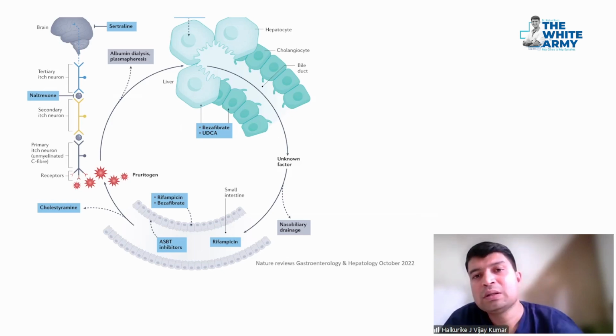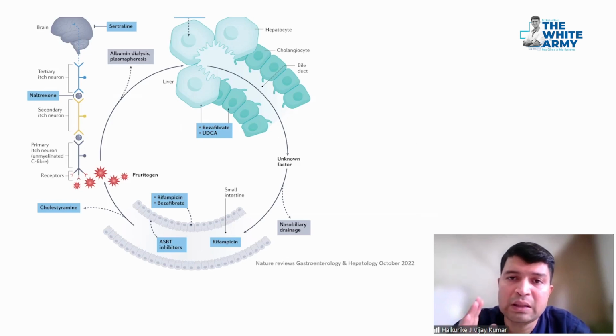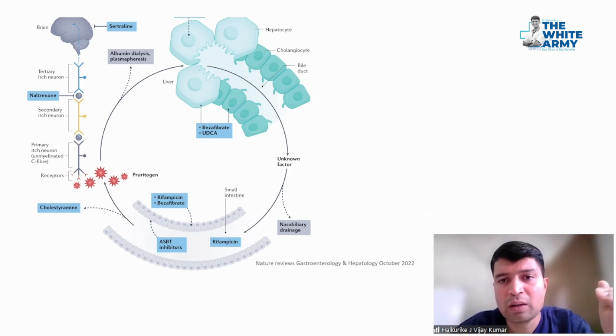Because previously pruritus was just managed by antihistaminics and other things. Now we give a lot of other medications to manage this pruritus, so that we block this cycle or pathway of pruritus at different levels. This is only for therapeutic purposes. The summary is that pruritus is not just deposition at the skin level; even at the neuronal level and the central level, this pruritus acts.